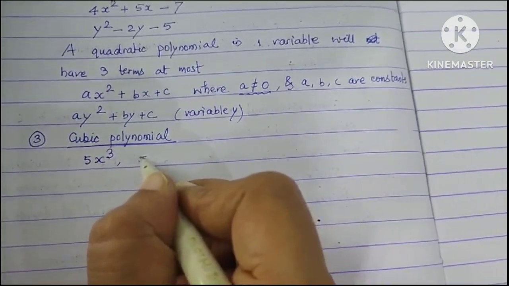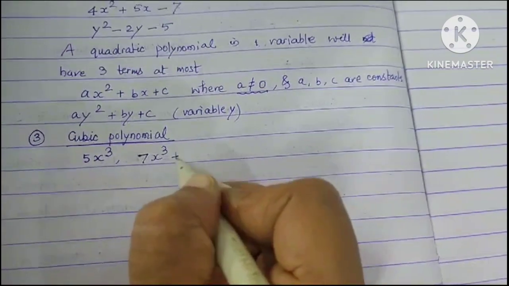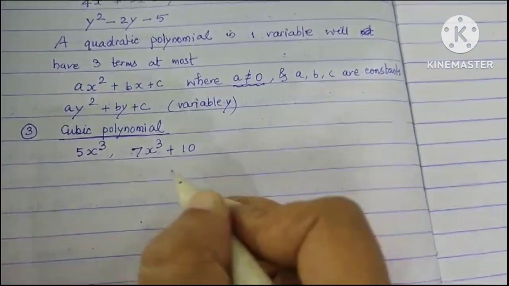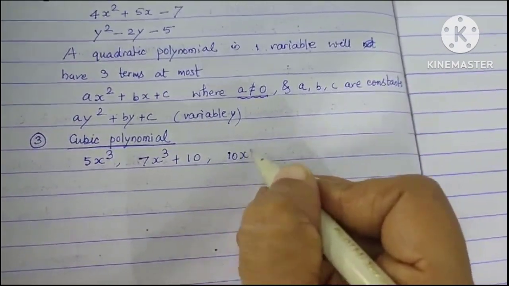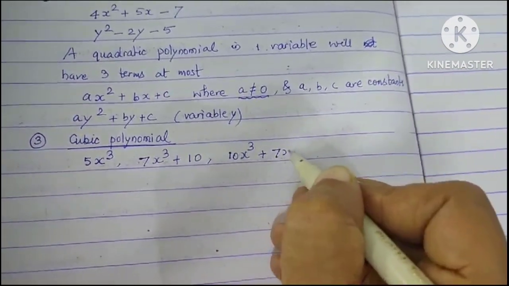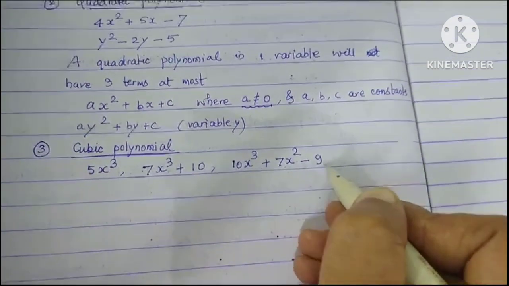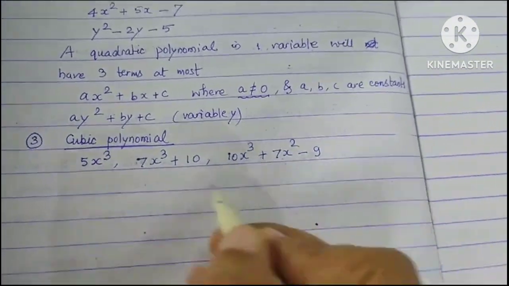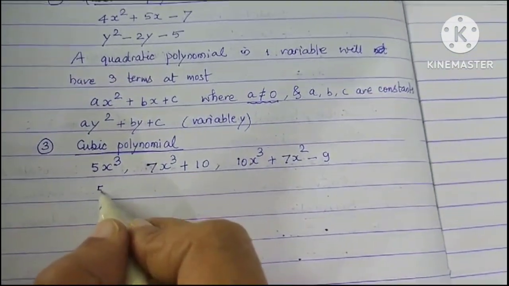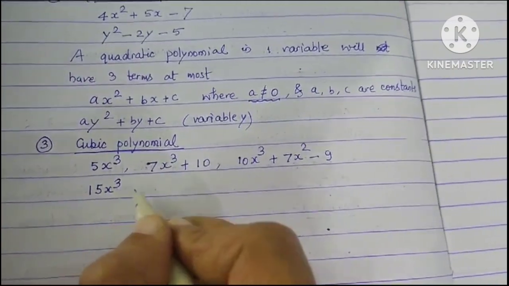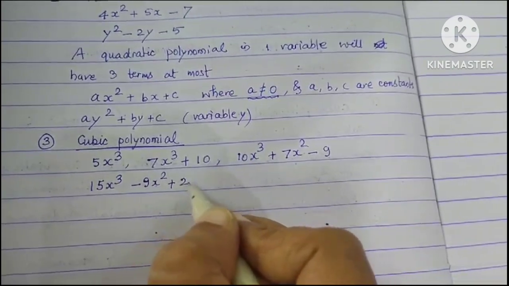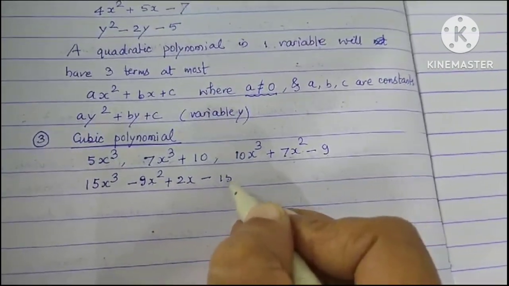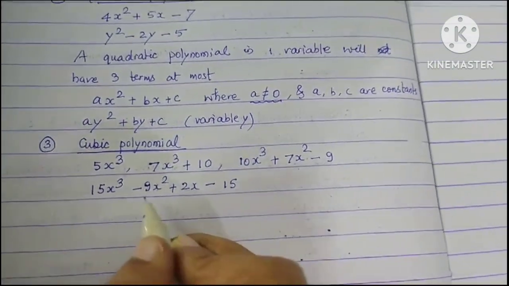If you write 7x cube plus 10, it will also be a cubic polynomial. If you write 10x cube plus 7x square minus 9, it will also be a cubic polynomial. And if you write 15x cube minus 9x square plus 2x minus 15, this will also be a cubic polynomial.